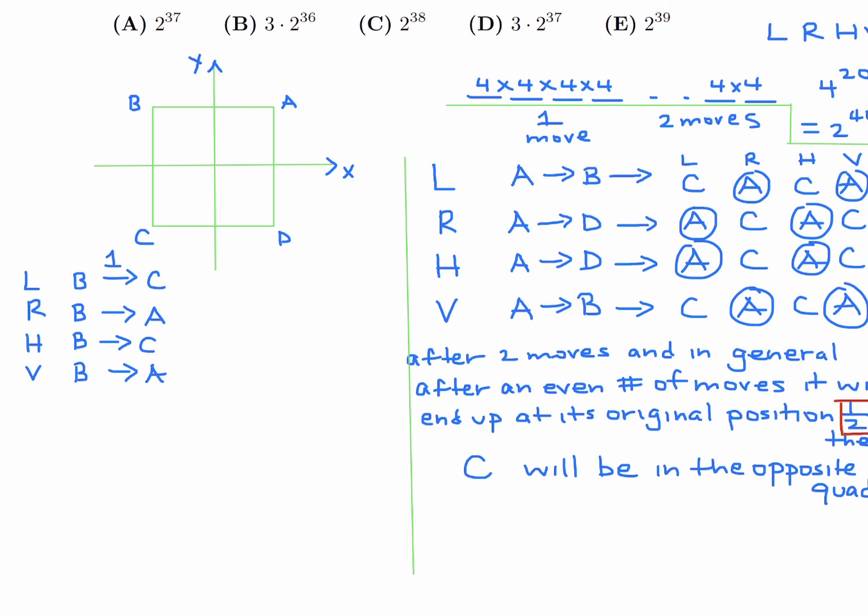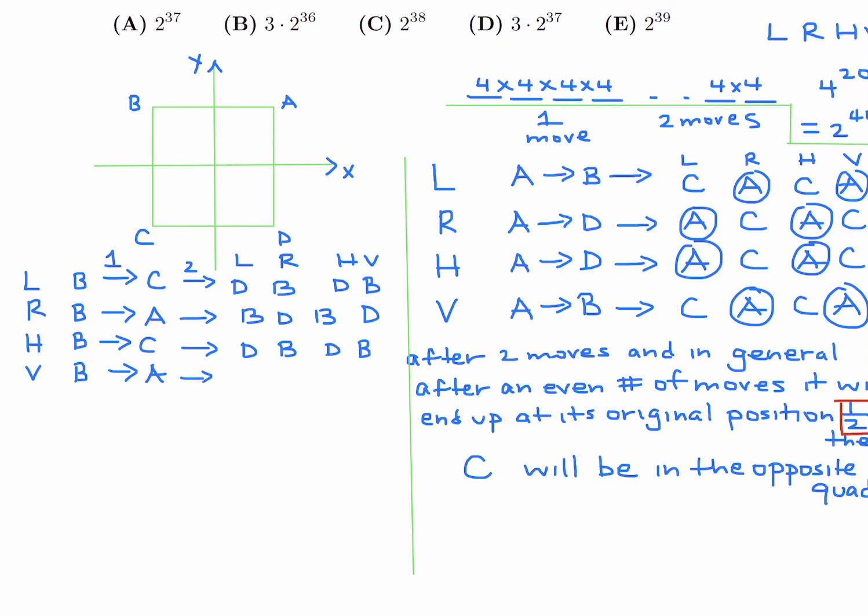What if I have a second move? And then for the second move, again, it will be L, R, H, V, and let's write it out. C will go to D, B, D, B. A will go to B, D, B, D. C will go, well, that one I've already done.